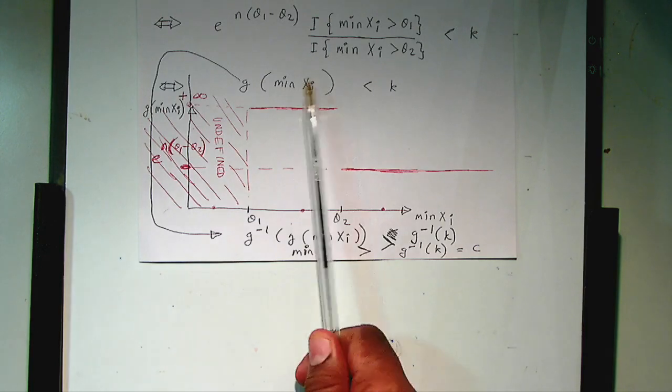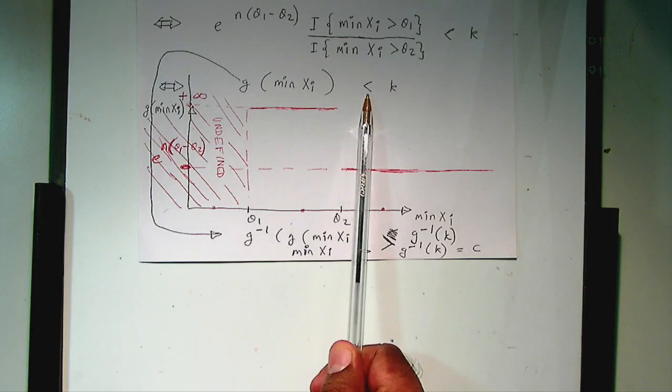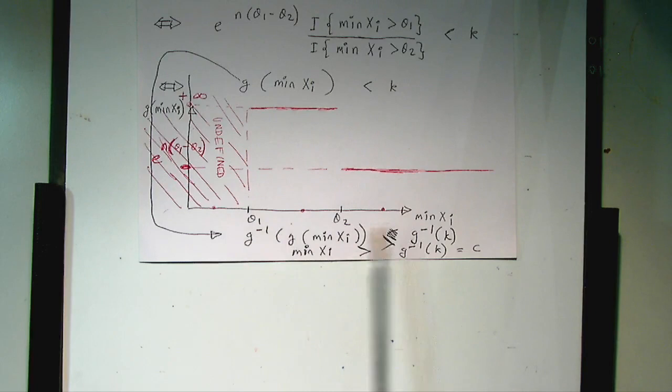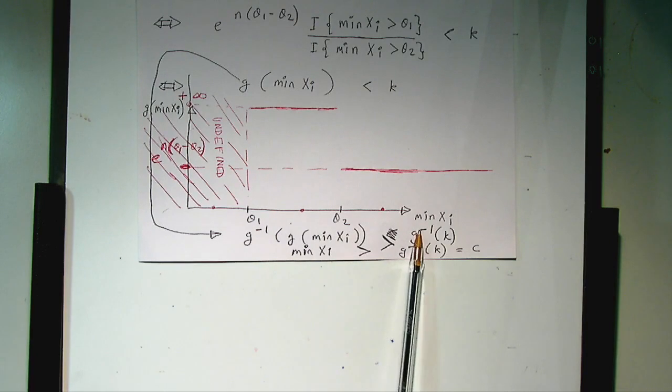Like here, you have less than, but you should take the inverse, g inverse here. Then it should become greater than. If you don't know it, just write it down, guys. But that's only if it is a decreasing function. If it is an increasing function, you should not change the sign of the inequality.